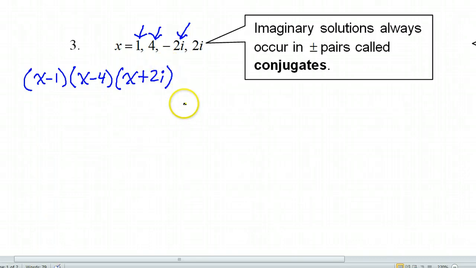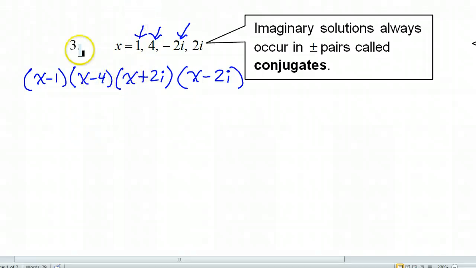Keep the i. Okay, go ahead and give me the next one. X minus 2, is that i? Yeah, that's i. x minus 2i. Those are the 4 factors that we would have. All right? Just do it opposite.